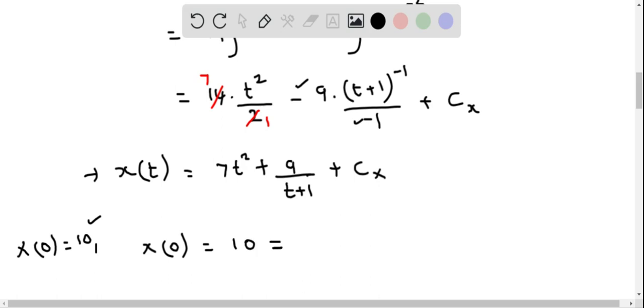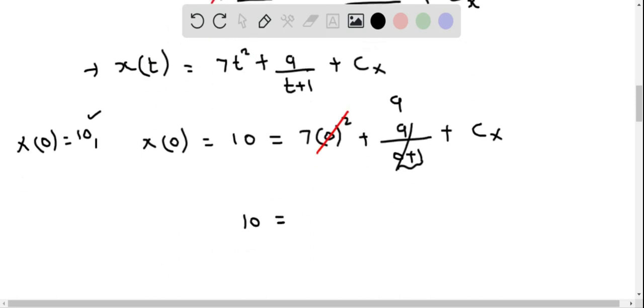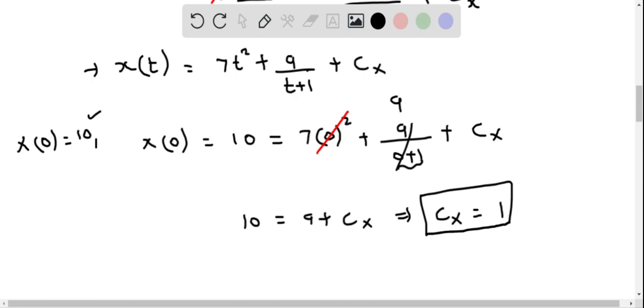So we will have 10 equals 7 times 0 square plus 9 by 0 plus 1 plus cx. The first term gets cancelled, and 9 by 0 plus 1 is just 9. So we have the equation 10 equals 9 plus cx, where cx is the integration constant for x of t. This implies cx equals 10 minus 9, which is 1. So we have determined the integration constant for the equation x of t.